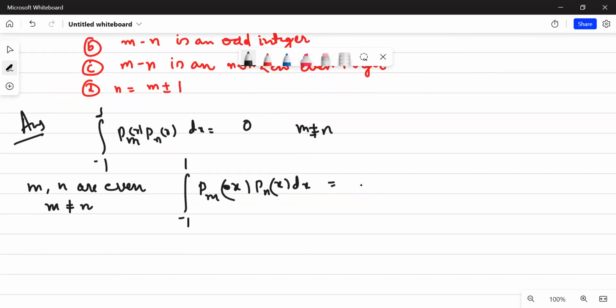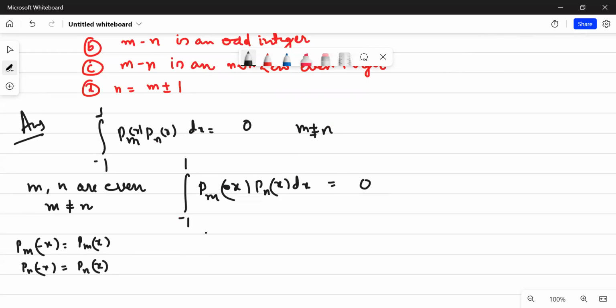Then it will be equal to 0, isn't it? Yes or no? Yes. Answer quickly, okay? And if Pm(x) is even, then what will Pm(-x) become? Simply it will be equal to Pm(x). And Pn(-x) will be equal to what? It will again be equal to Pn(x). Is that clear or not clear?